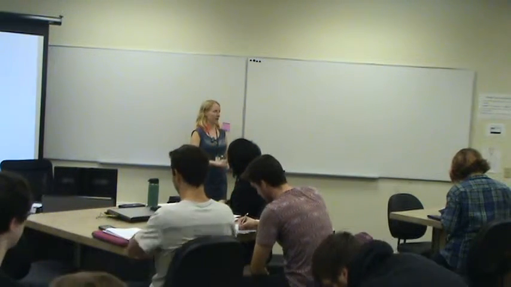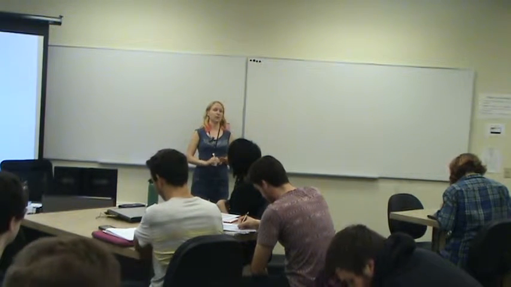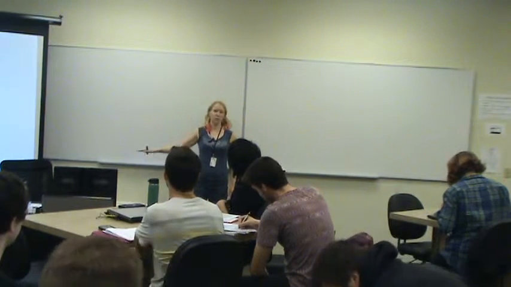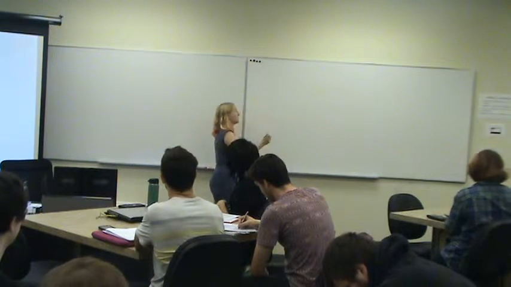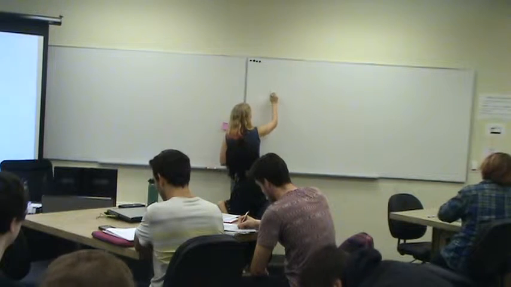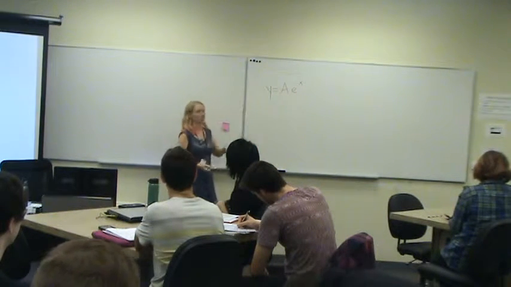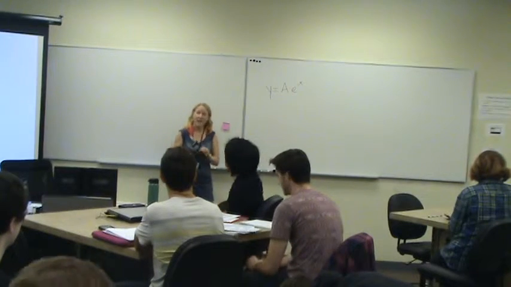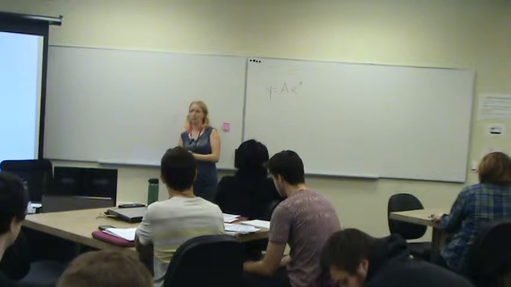So again, exponential is not a qualitative term to describe upsweepy or downsweepy. It has a mathematical equation. The equation for an exponential function is a e to the x. That's an exponential function. If something has an exponent, that doesn't make it an exponential.